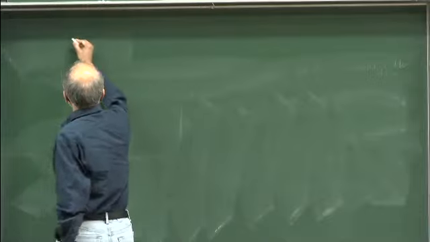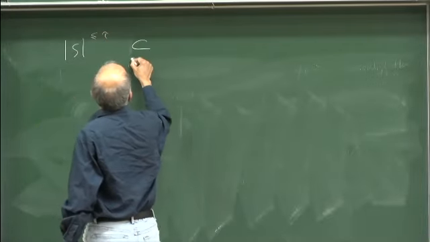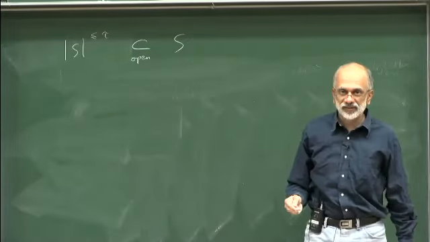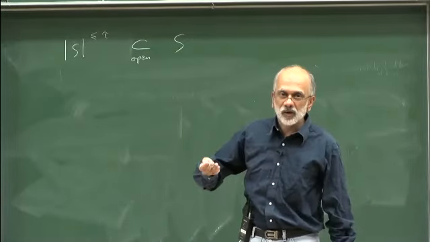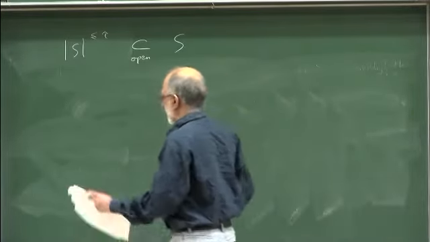So, first of all, the set of points with type at most tau is open in S. By the results of Shatz, tau only rises, so something that much and smaller is always open.